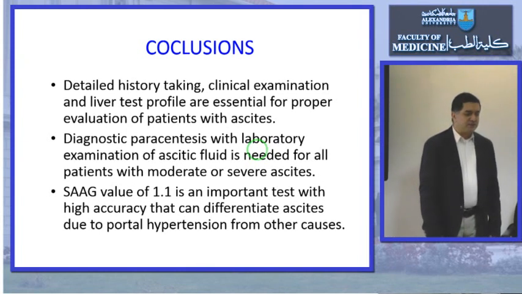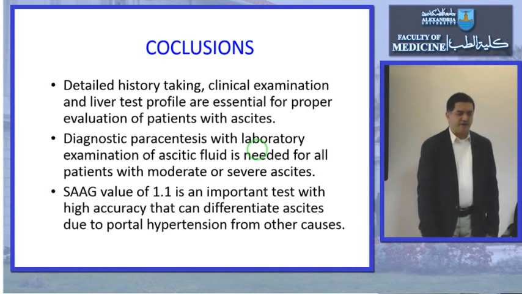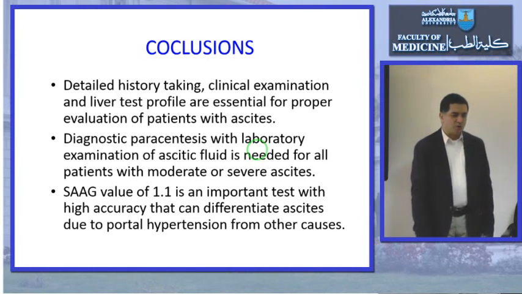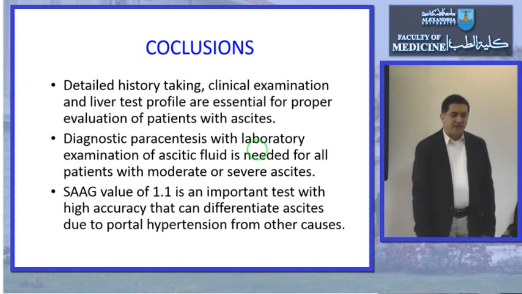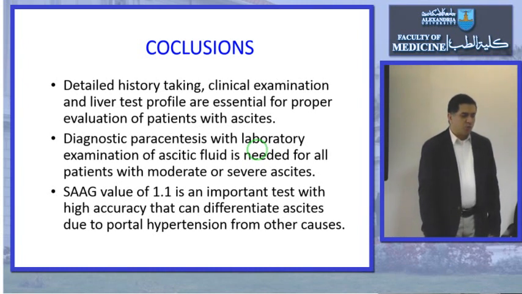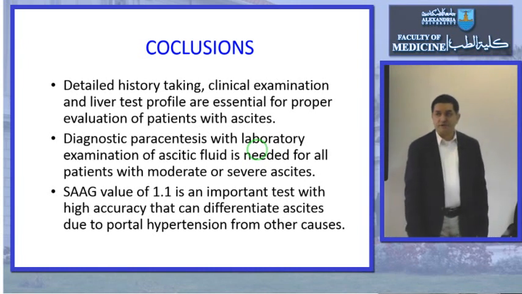Diagnostic paracentesis with laboratory examination of ascitic fluid is needed for all patients with moderate or severe ascites. SAAG, which is the serum ascites albumin gradient, with a value of 1.1, is an important test with high accuracy that can differentiate ascites due to portal hypertension from other causes.